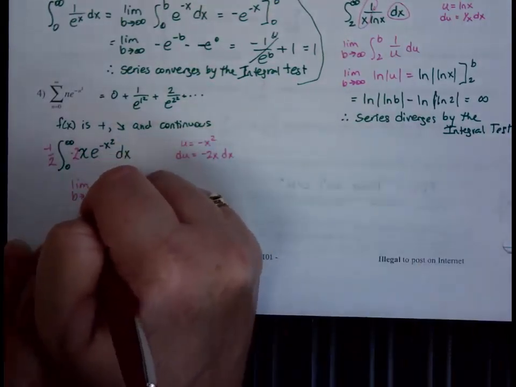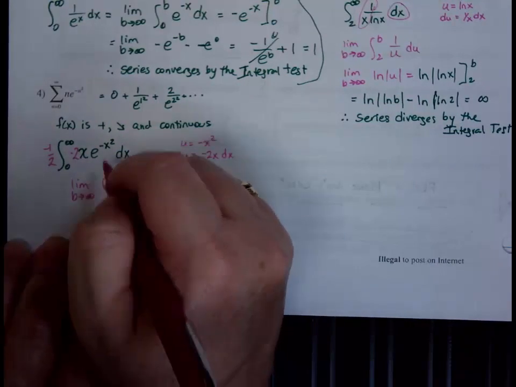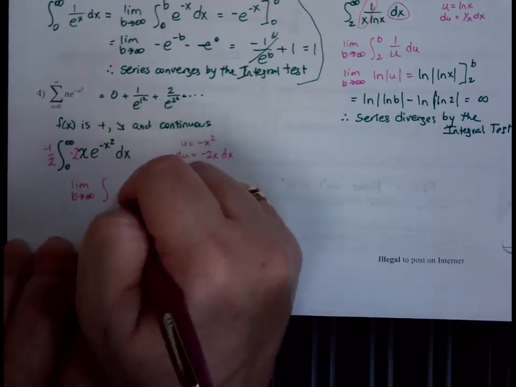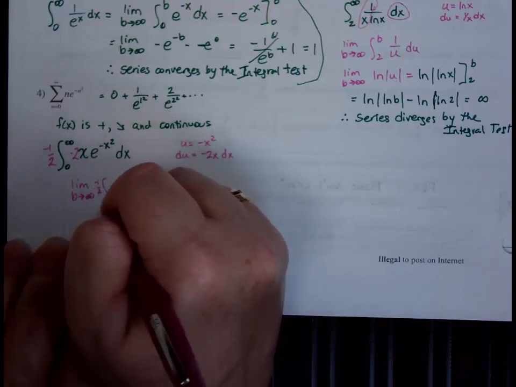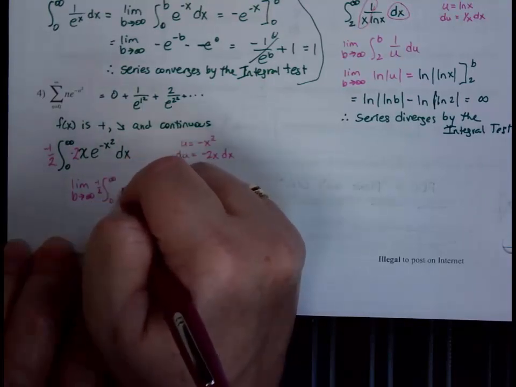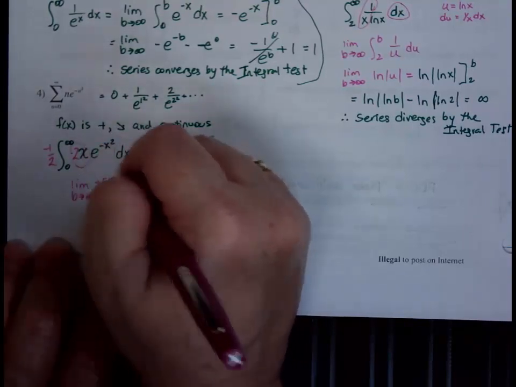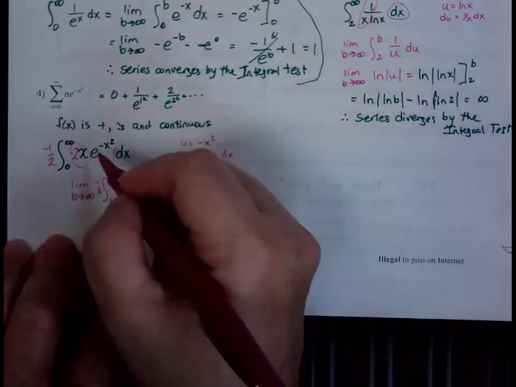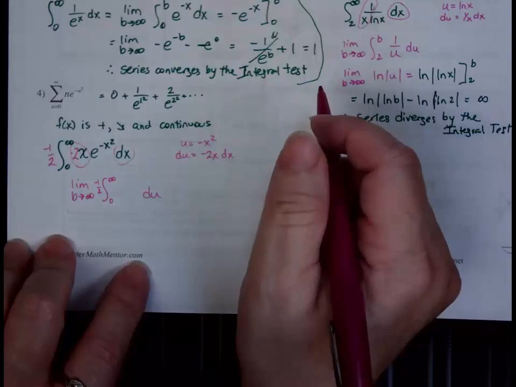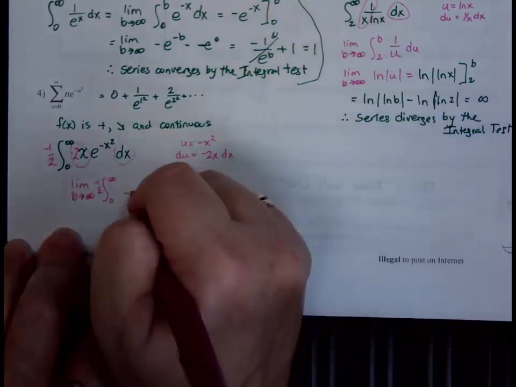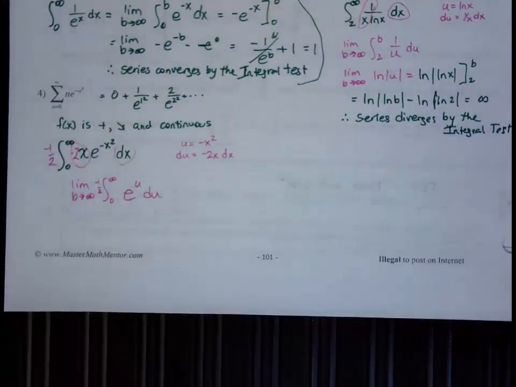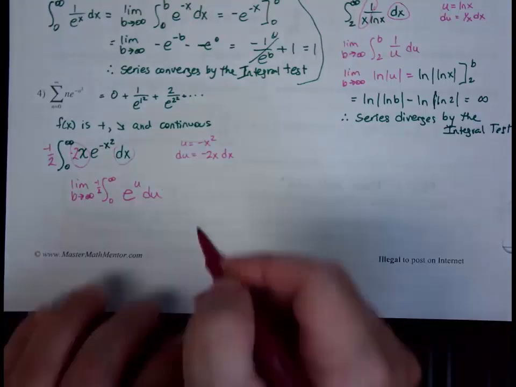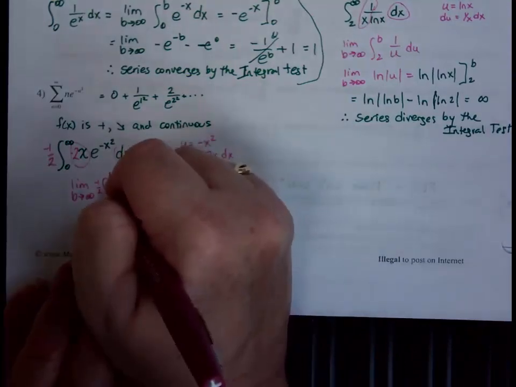Oh wait, I forgot my negative 1/2. Negative 1/2 integral 0 to b. This and this is du, right? What's the rest of it? It is e to the u. Do y'all agree with that? Because u is the exponent. Oops, this is supposed to be a b right there. Dang it.